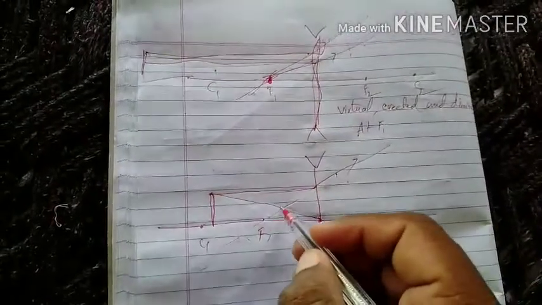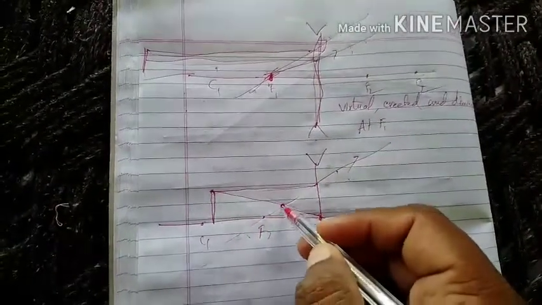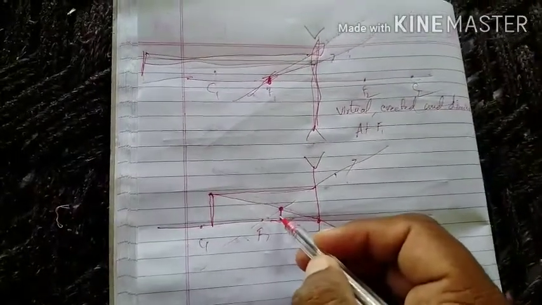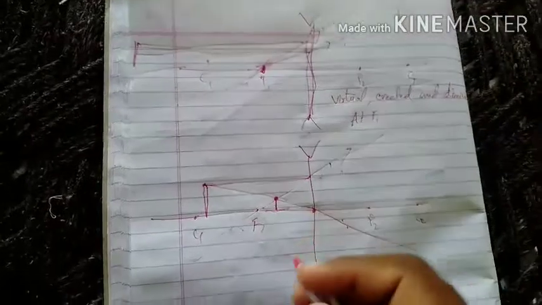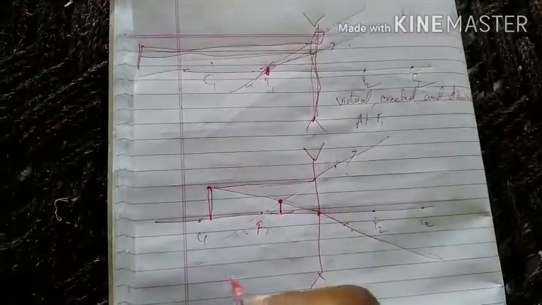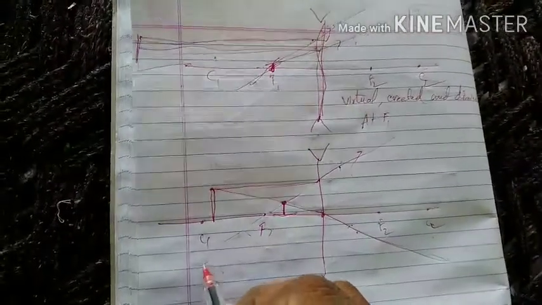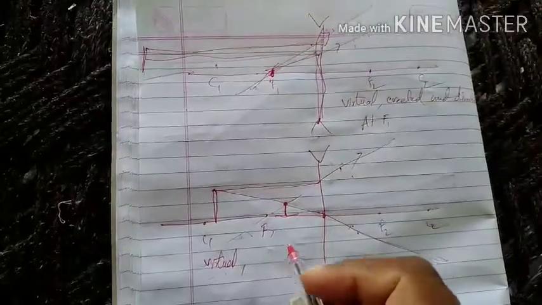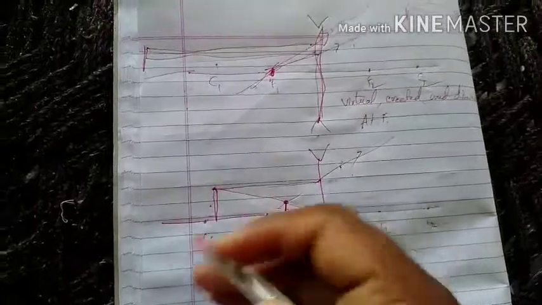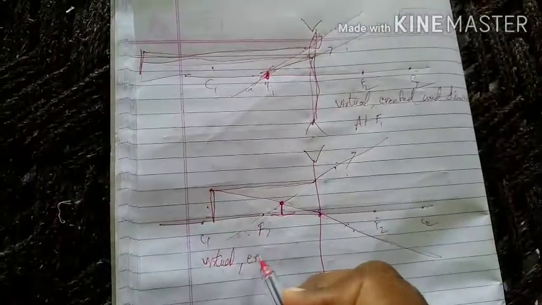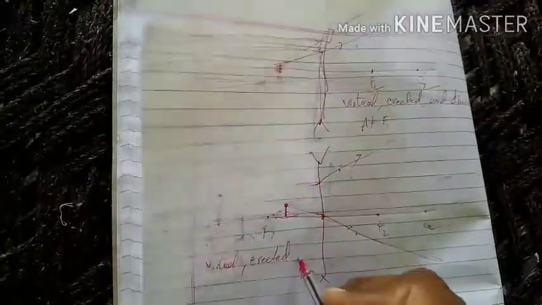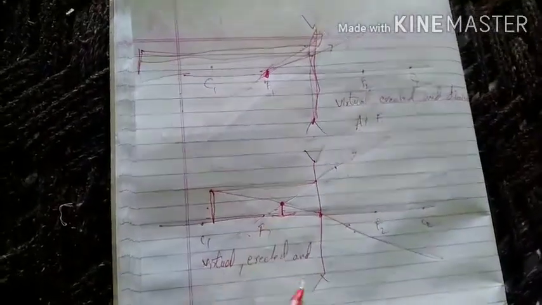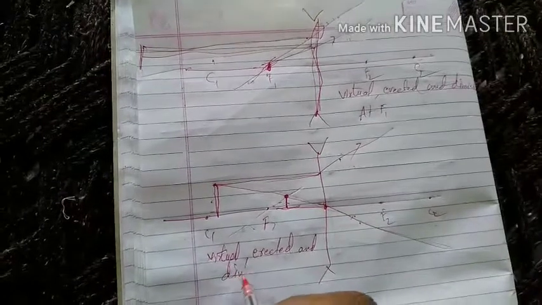Their extensions inside will meet here, and here when we draw a perpendicular to the principal axis, this represents the image. See, this is formed once again by divergence, so it is virtual. Object and image are on the same side of the principal axis, so we can call it erect, and compared to the object, the image length is smaller, so it is diminished.